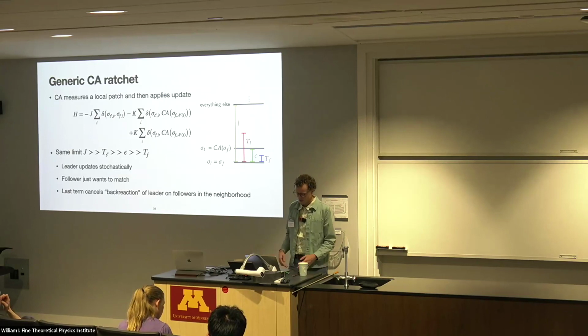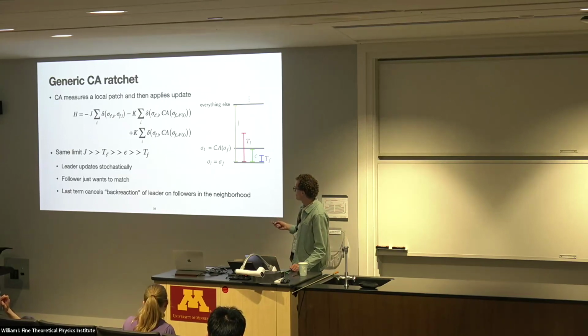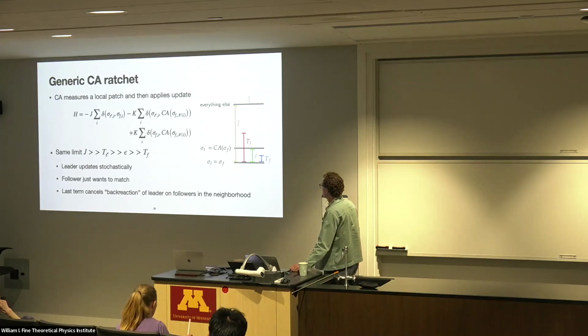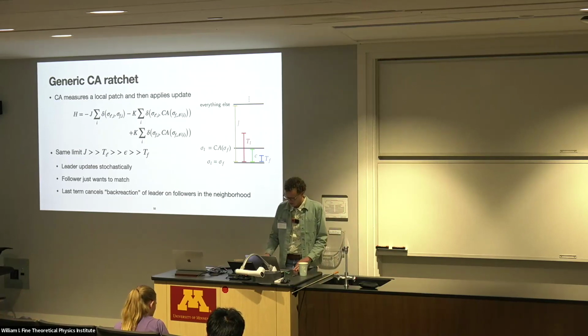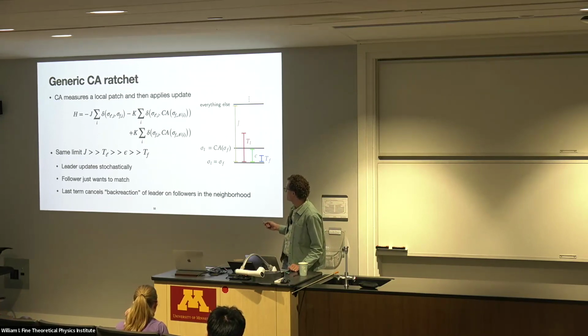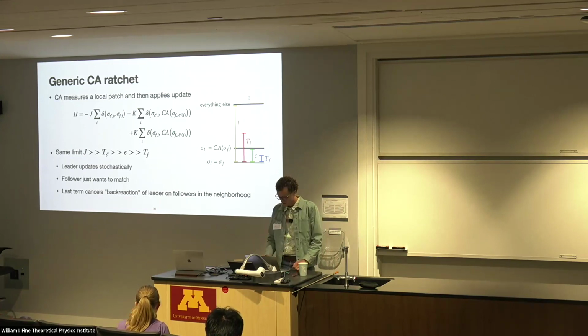So we have a similar construction where the first term is like the first term from before. It just wants the 2 spins to match. The second term is that the leader wants to match the cellular automaton updated state of the followers. And then similarly, you have some energy scales. The follower temperature is much less than epsilon. The leader temperature is much greater than epsilon, but smaller than J. This last term is maybe just a technical term. You have to cancel out some back reaction from this term.